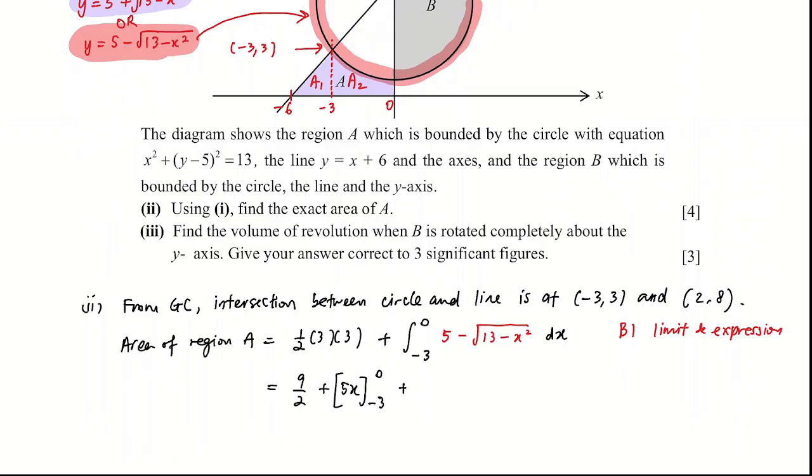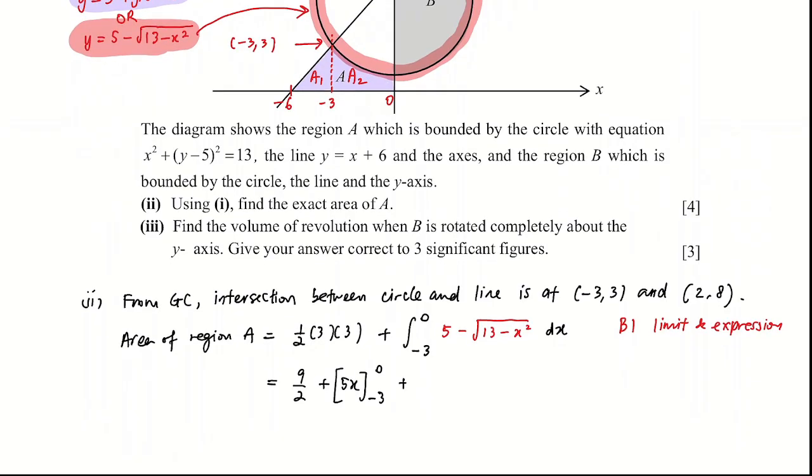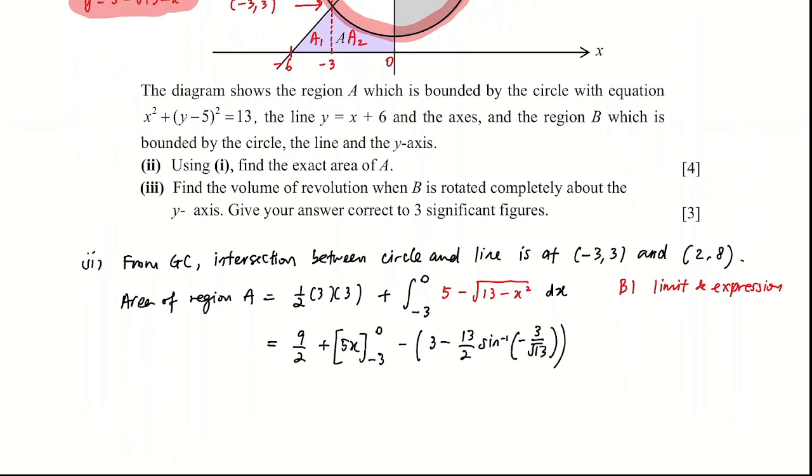Then this one over here, I will have a minus 3 minus 13 over 2 sine inverse of negative this one over here. Now then I will have 9 over 2 plus 0 minus minus 15.